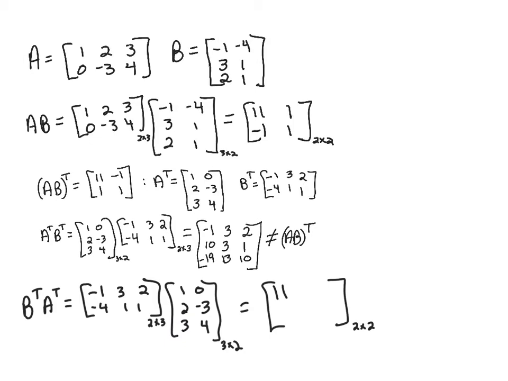Row 1, column 2, I get a 0, -9, +8 gives me a 1. Row 2, column 1 gives me -4 plus 2 plus 3 gives me +1. And then the last guy, wait a second, let me go back because this guy has the wrong sign.